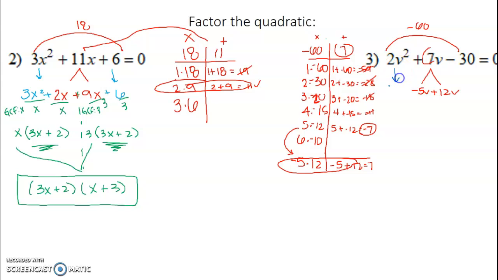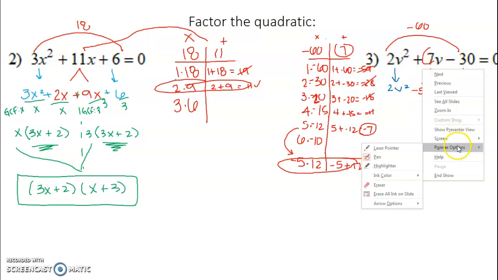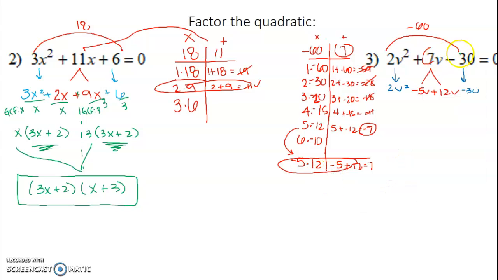So I bring down the 2v squared. I bring down the negative 30. Then I'm going to split the problem so I can do the GCF. So my GCF for this one is v. My GCF for this side would be 6.